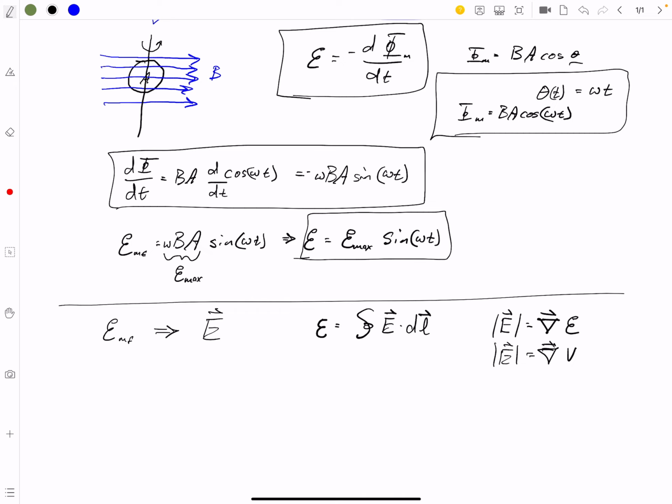Well, this is just the inverse equation to that, and we could say this is equal to our voltage, but this is induced. So that is for induced current.